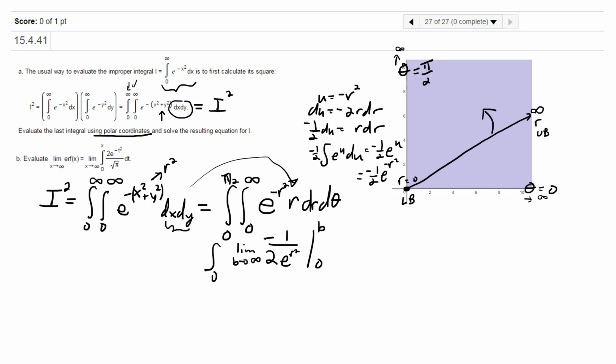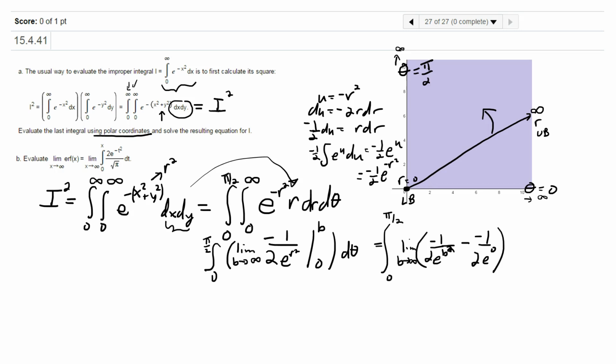And yes, there's still an outside integral of 0 to pi over 2 in theta. So we put a b in, and we get minus 1 over 2e to the b squared. And we put a 0 in, and we get minus 1 over 2e to the 0. And we're trying to figure out the limit as b goes off to infinity.